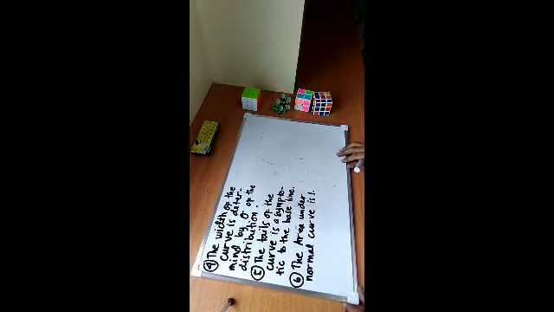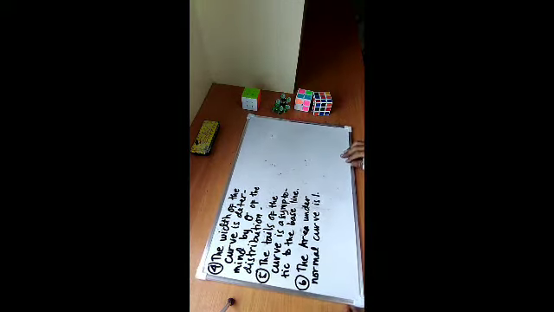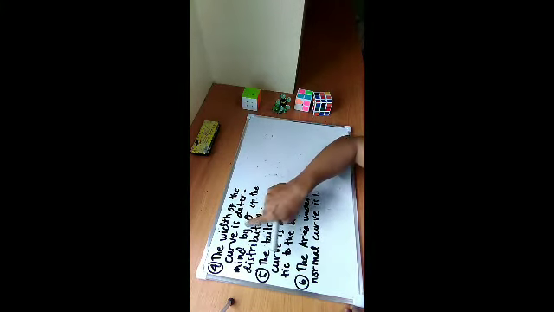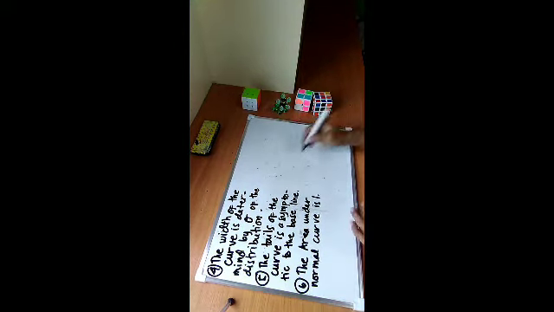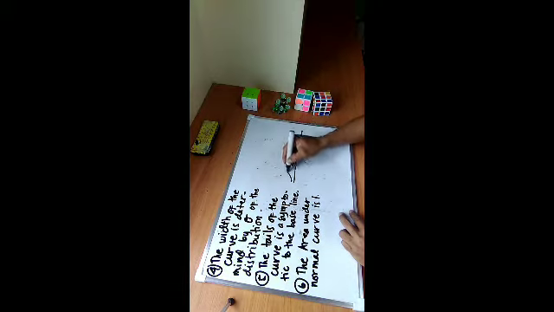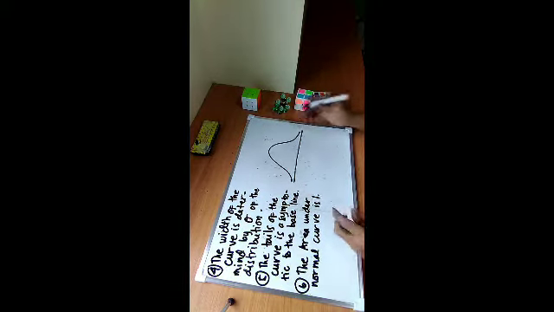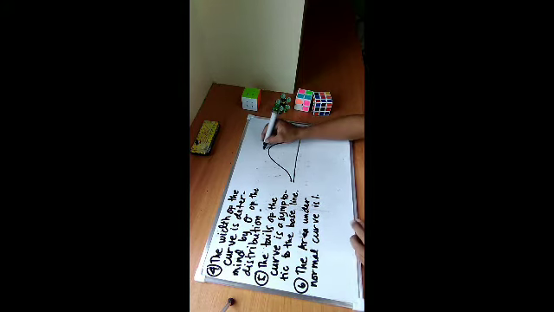Number 4. The width of the curve is determined by the standard deviation of the distribution. Now, the width, which means the thickness of the curve, is determined by the standard deviation.